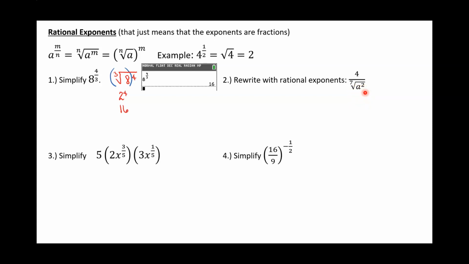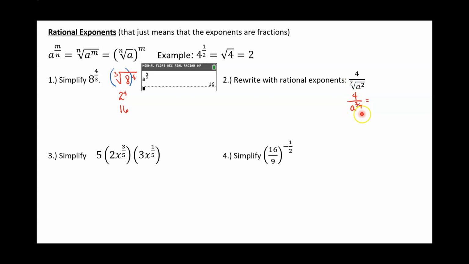So what's our numerator going to be? Well, remember that the exponent is your numerator and the index is your denominator. So for us, our exponent, 2, is going to be our numerator, and our index, 7, is going to be our denominator. So that would be a to the 2/7.